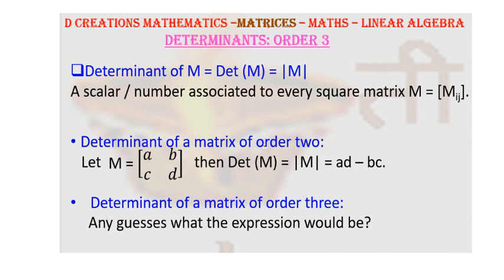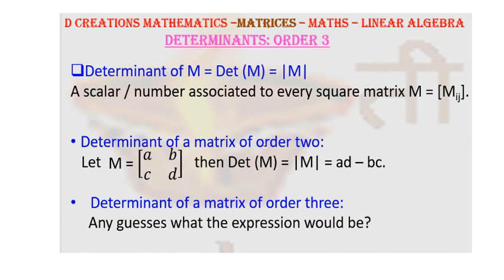Now if you go to the determinant of a matrix of order 3, what will happen? I would suggest that you take a pen and paper and write down a matrix of order 3. When I say order 3, what does it mean? 3 rows and 3 columns. So how many total elements will be there? 3 into 3, 9.